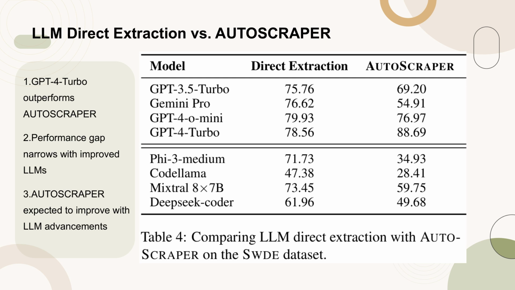This suggests that while LLMs like Phi-3 Medium can effectively understand web page content, they struggle with comprehending web page structures. Conversely, AutoScraper, when combined with the best current LLMs, already demonstrates superior extraction performance and is expected to further improve as LLMs continue to advance.